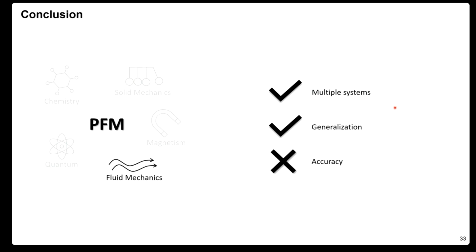They can already, inside this one domain of fluid mechanics, do multiple systems, especially with fine tuning, but even without it, you can get some form of generalization. But as I said, the accuracy of all of these models is still lacking, and we need some more.